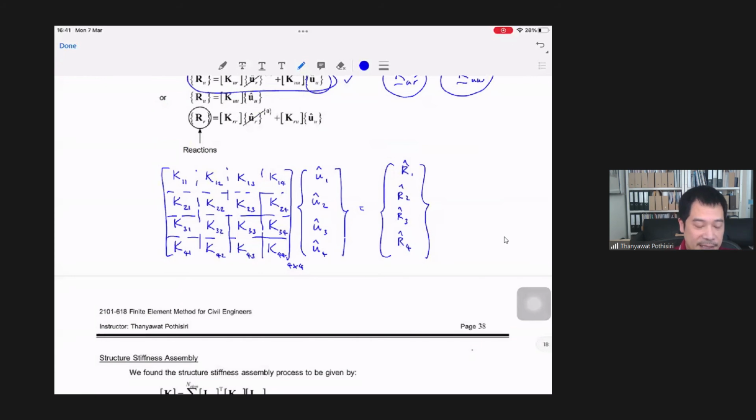So in this case, suppose this becomes a known displacement. Suppose I specify the value of the displacement for u hat 2. So this becomes a known value, and I put u hat 2 naught here as a known value.